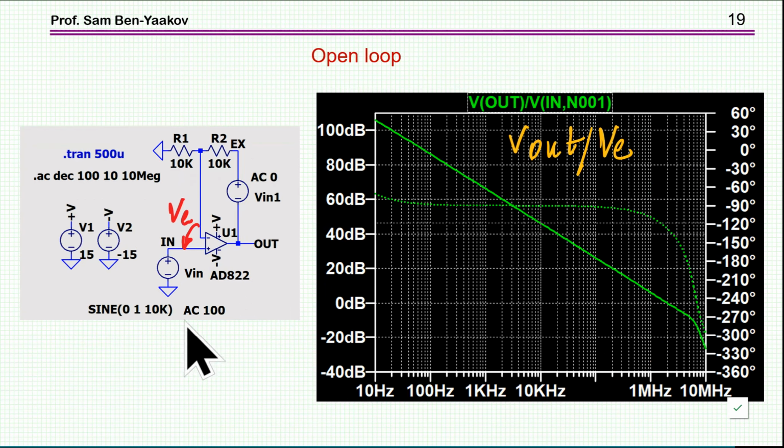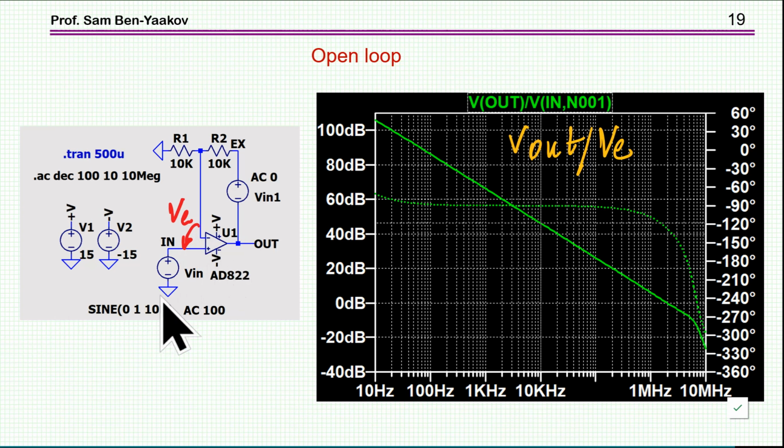Now, once I'm running an AC analysis, I can look at some other signals. For example, very nicely, I can see what is the open loop gain of this amplifier, because I have access to these 2 points. This is the input. Measuring the input and then getting the gain is very tricky, because as you touch this point, it's going to be very noisy, but in simulation there is no problem.